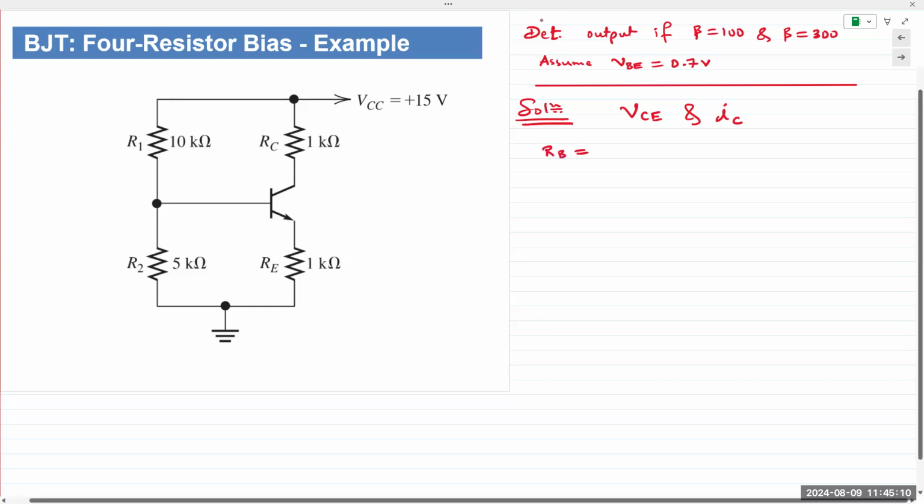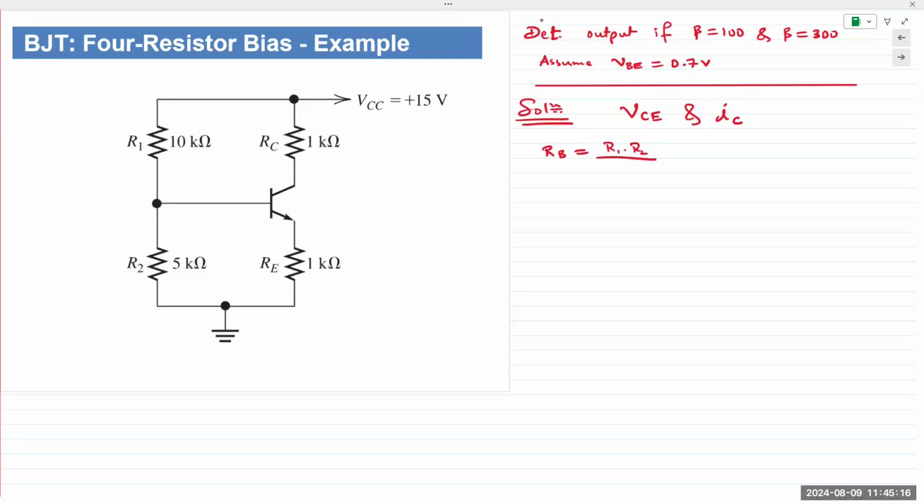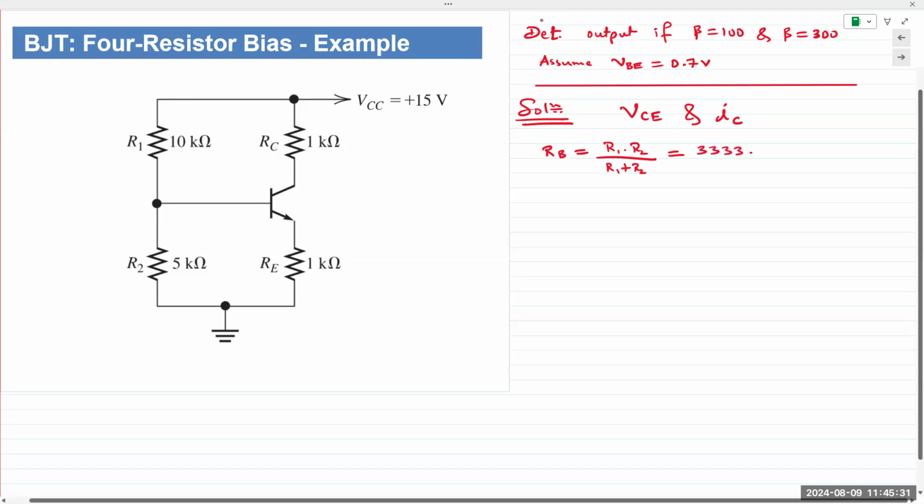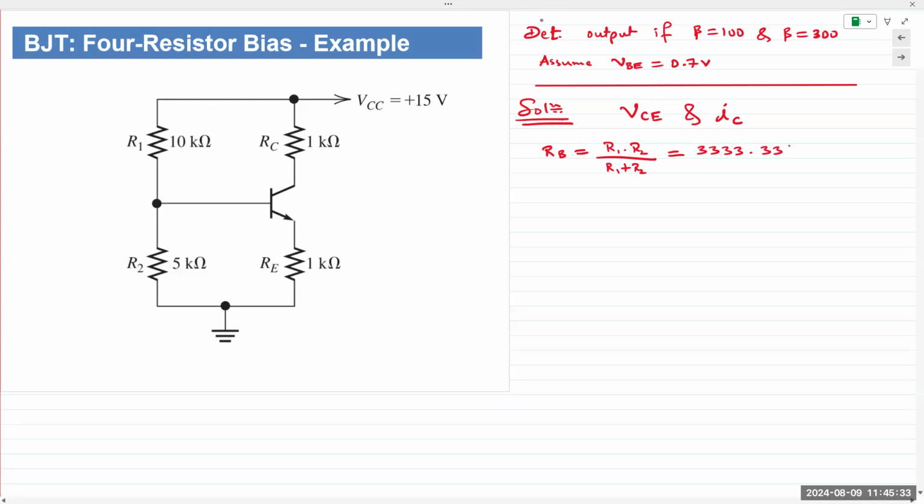We determine the equation, so all we are going to do is plug in the values. RB is R1 times R2 divided by R1 plus R2. Plug in the two values from there in the equation. You obtain RB as, not kilo ohms, ohms.